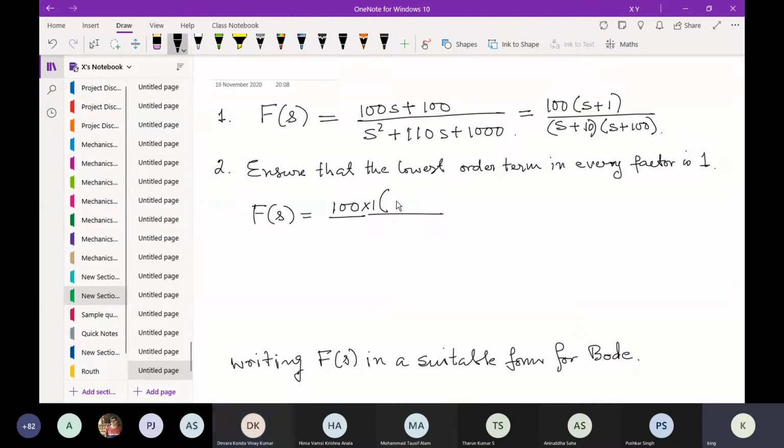So I have to take 1 out here, and I'll be getting 1 plus s by 1 from the denominator. We take 10 out to get 1 plus s by 10 and 100 out.